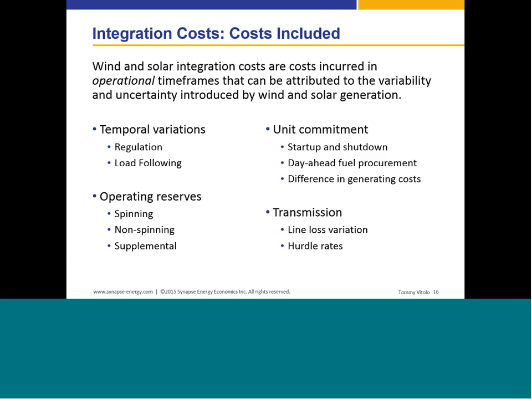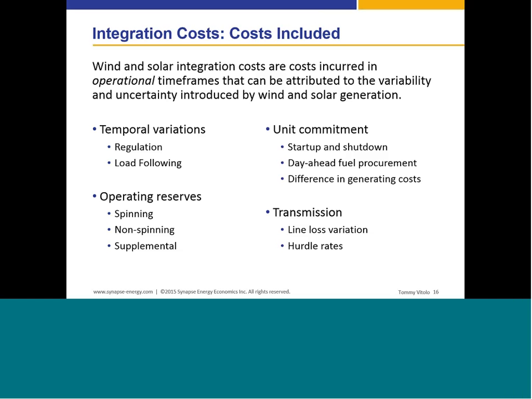Difference in generating costs. Most differences in generating costs don't belong in integration studies, but here's an example of one that does. Before the wind and solar, we would have dispatched Unit A, which is a coal unit, and it has a cost of $40 a megawatt hour. But it turns out that it doesn't ramp very well. It can't be helpful in integrating. And now that we have some wind on our system or some solar on our system, if we dispatch Unit A, we don't have the resources to integrate that wind and solar.